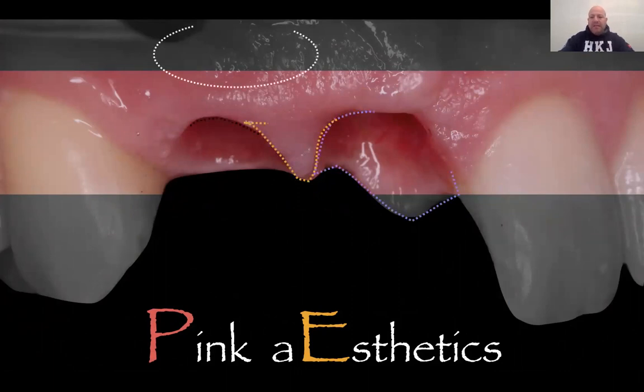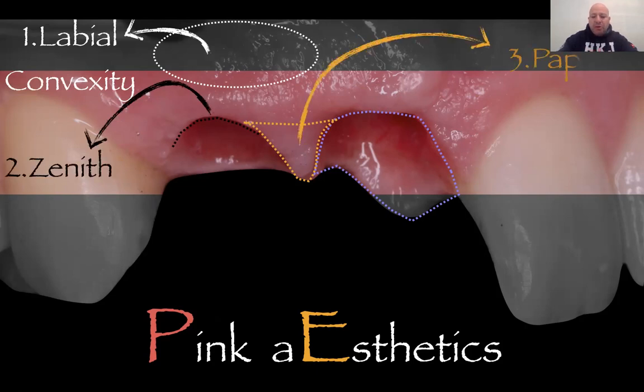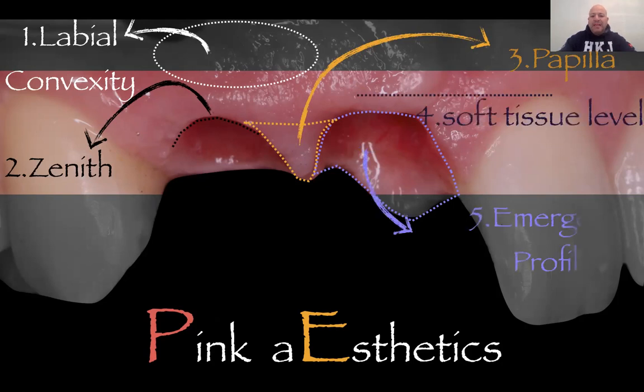When it comes to passion in implant dentistry, I think we're talking about pink aesthetics. And pink aesthetics is a multi-system component. Basically, we're talking about the labial convexity because we understand without that convexity, that implant is going to look fake. We're looking at the zenith and we understand that the zenith of different anterior cases is going to be different. You cannot have a circle zenith for all different cases.